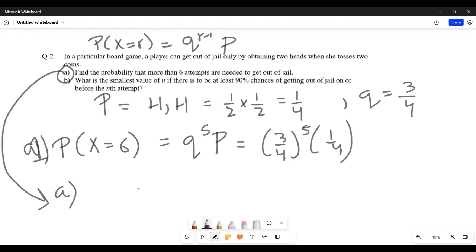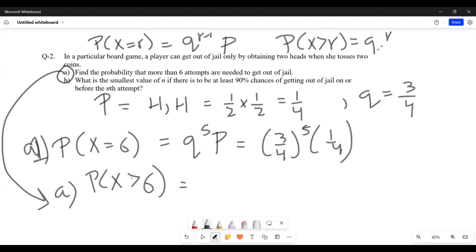Find the probability that more than 6 attempts are needed. Probability X is greater than 6. So the formula for probability X is greater than R is just QR. So Q here is 3 by 4, power 5.